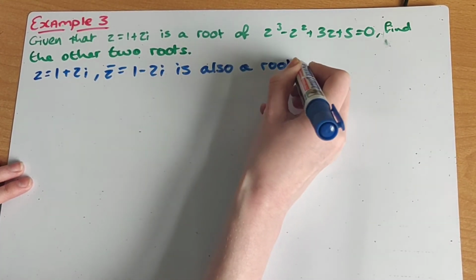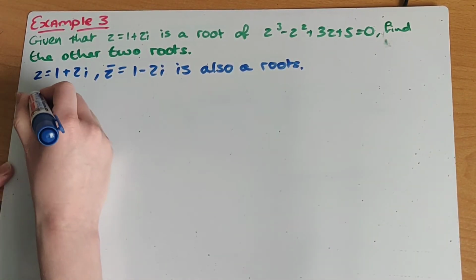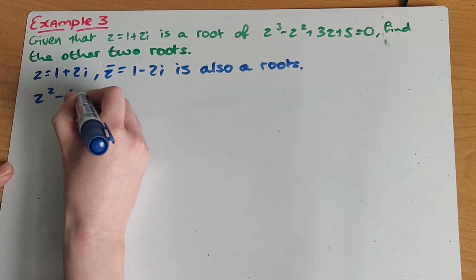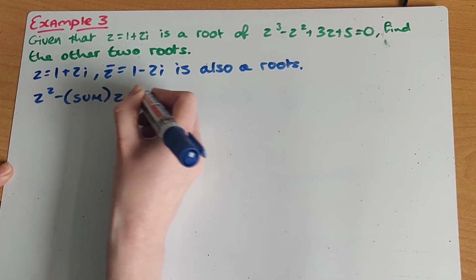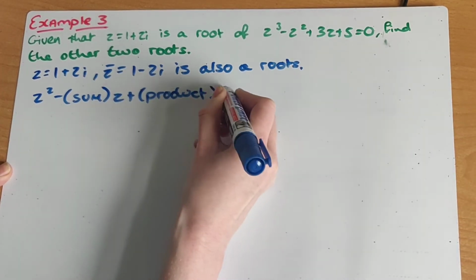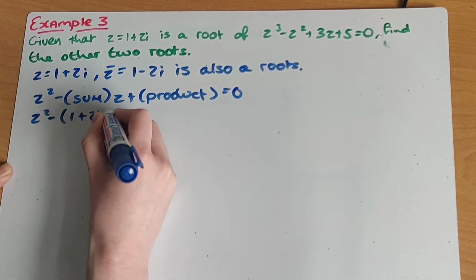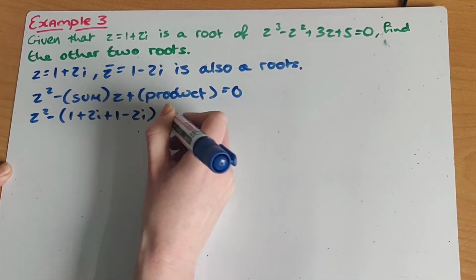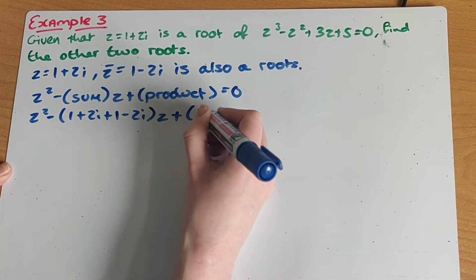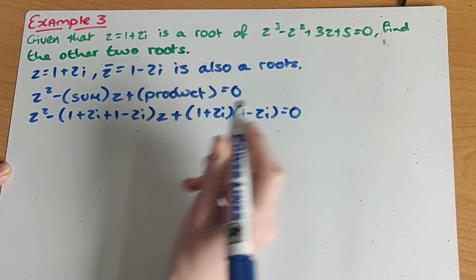And we can use these to find a quadratic, using our formula that z² - (sum of the roots)z + (product of the roots) = 0. So we're going to have z² - (1 + 2i + 1 - 2i)z + (1 + 2i)(1 - 2i) = 0.